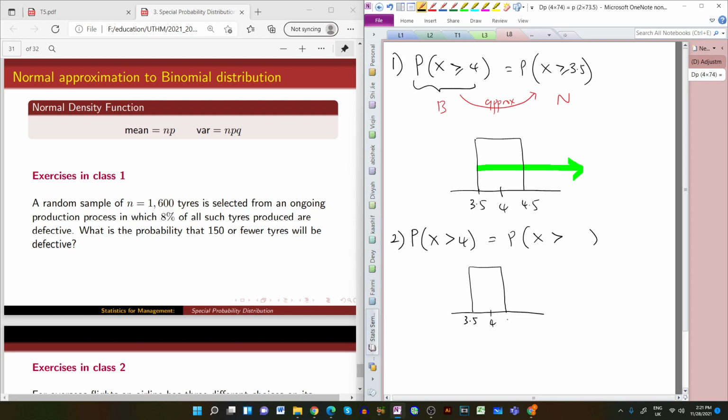But there's no equal here. Whenever there's no equal, you don't go within the box, you go outside the box, which is 4.5.